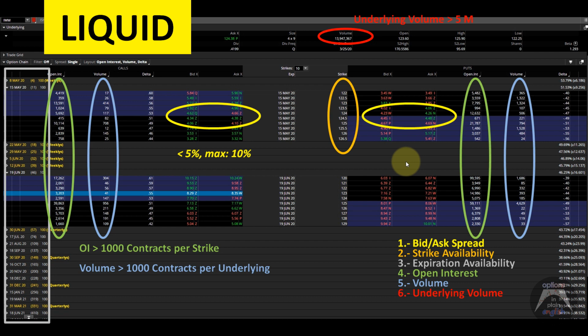When it's liquid, we are okay putting on trades, but when it's illiquid, it's going to cost us a lot. Now, it doesn't mean that we're not going to make money. We could, but we're paying a lot for it. The cost of doing business is very high.